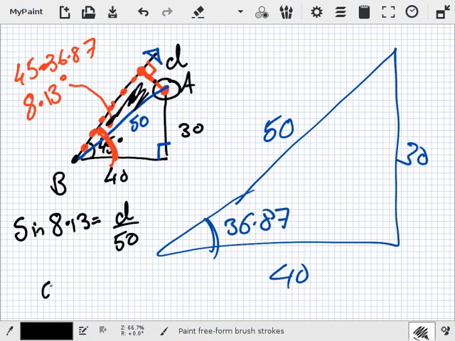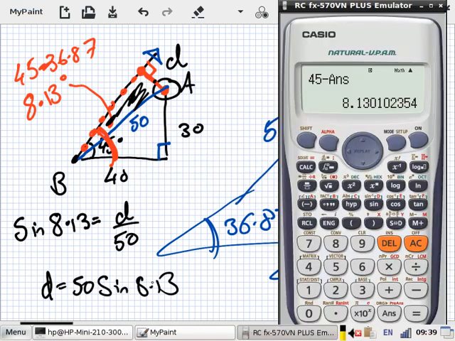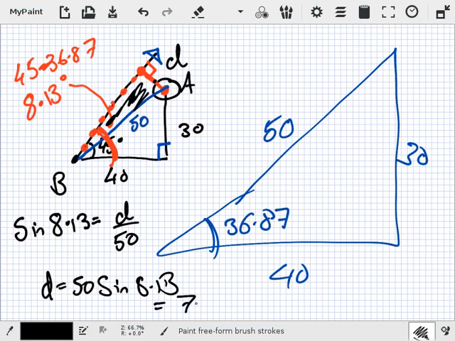So I get d is 50 sine 8.13. 7.07 is the answer, kilometers. That's only part of it now.